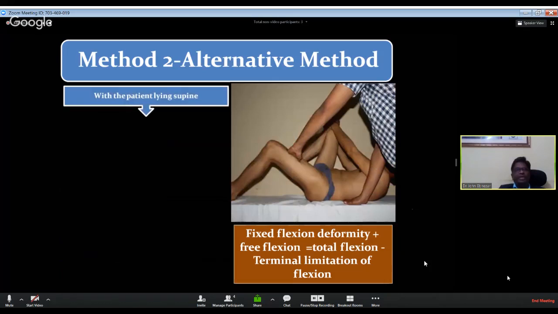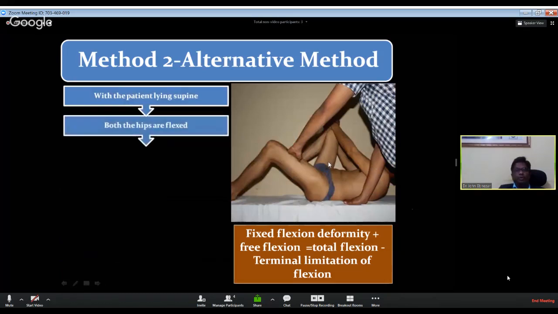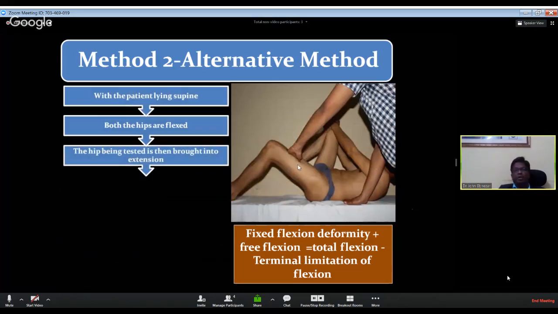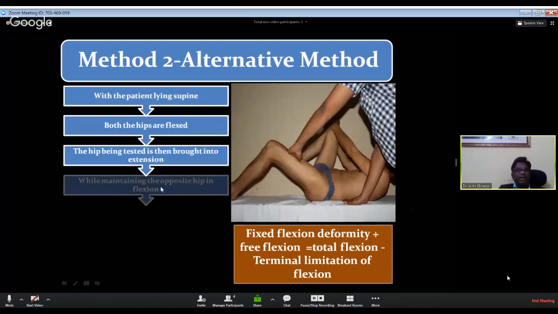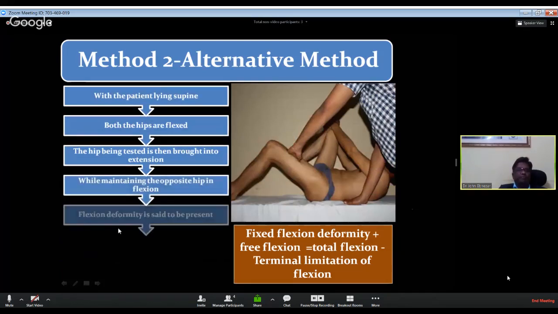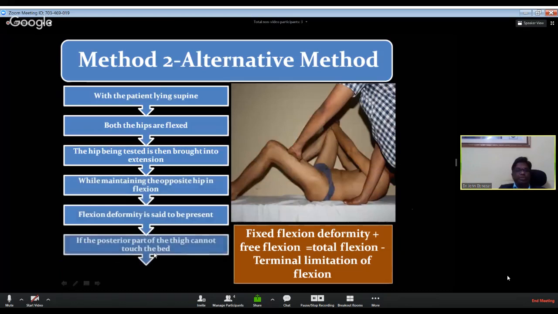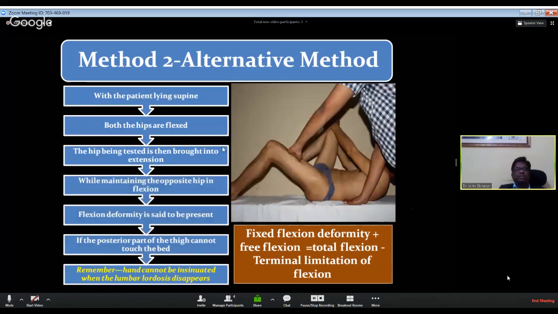In the alternate method, the patient is lying supine, both the hips are flexed, and the hip being tested is then brought into extension slowly while maintaining the opposite hip in flexion.